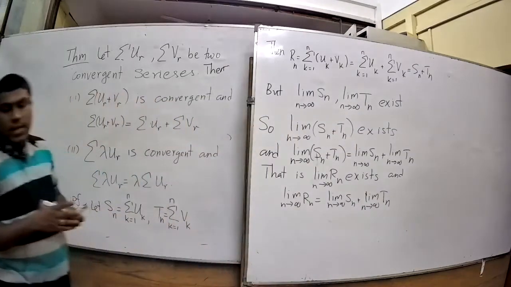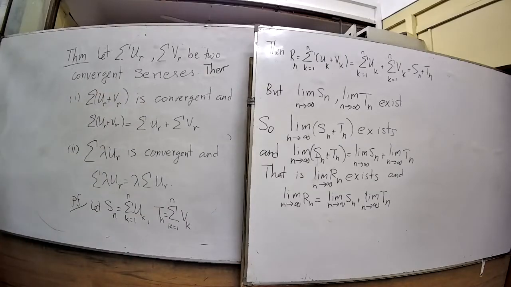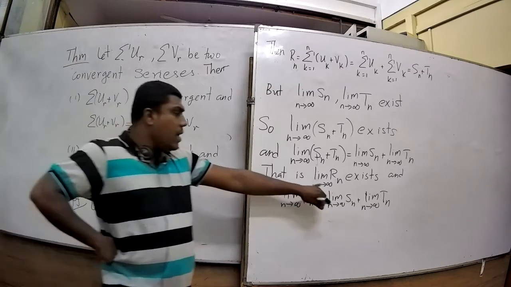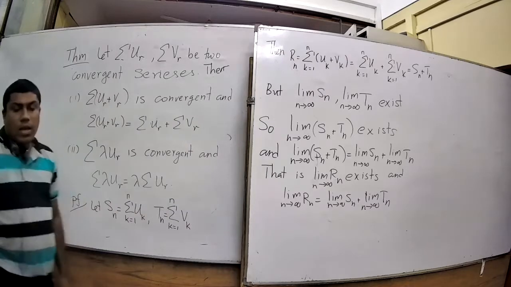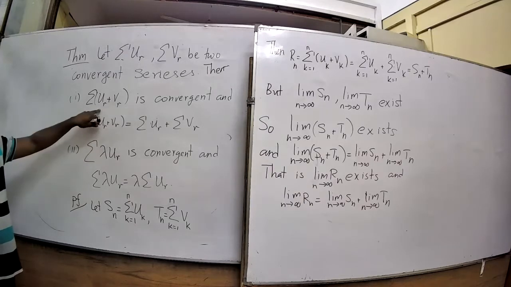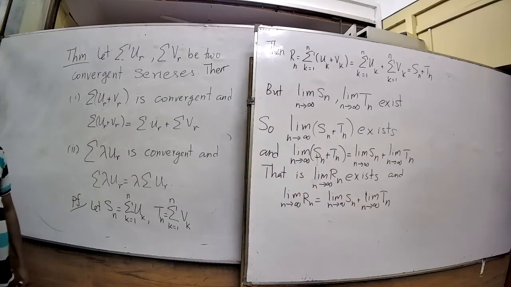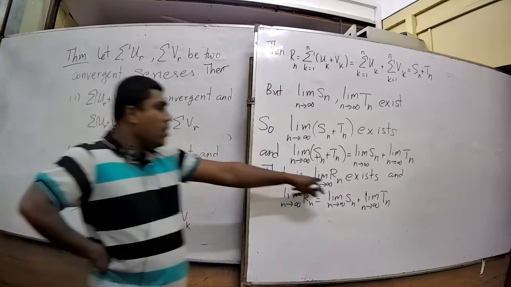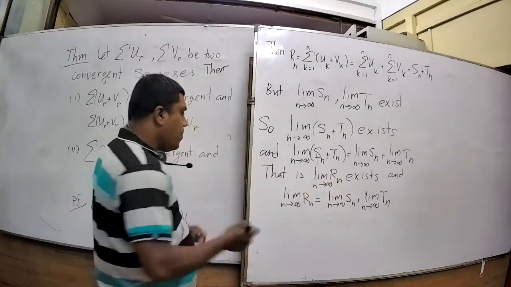So clearly you can see that the limit of R_n is equal to the limit of S_n plus the limit of T_n, right? If this limit of R_n exists, then by the definition of convergence of series, we can say that the series summation of u_r plus v_r converges.